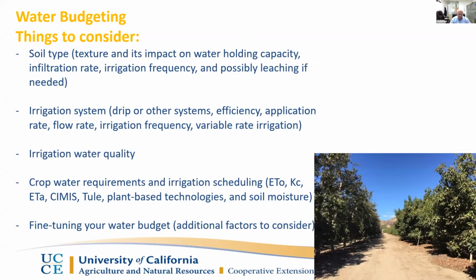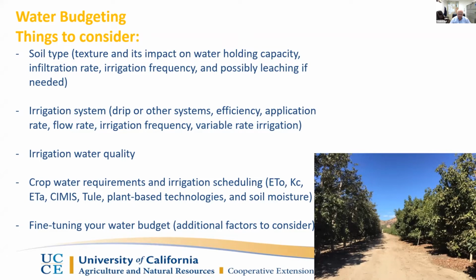CIMIS is the California Irrigation Management Information System, and this system has been around for a long time. It's a good start to get the reference evapotranspiration, since right now they have Spatial CIMIS, and you'll be able to get an accurate reading of the ETo on your farm.